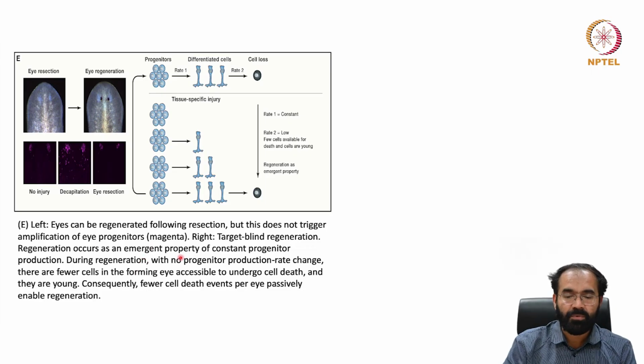You can see the eye progenitors that are magenta in color and they are amplifying. They don't have any increase because you had an eye, you simply removed it. They are part and parcel of normal life for the planaria. If I give a simple example, if you have got 1 lakh rupees with you and 10 rupees are lost from that, you won't even notice, although it is a decline. Without too much effort that will be restored, somehow it will come back, you won't even know.